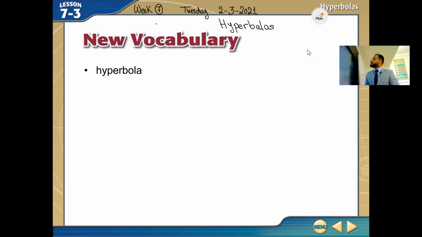2021. This is your hyperbolas. Hyperbolas. So hyperbolas, it's like the last lesson talking about the conic section. We start this chapter with parabolas, and we know the shape of the parabolas.